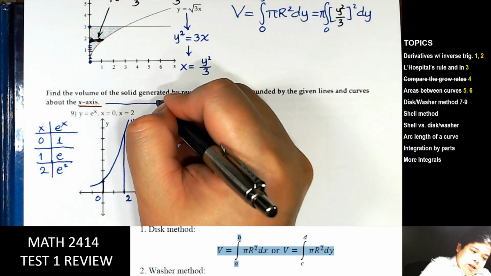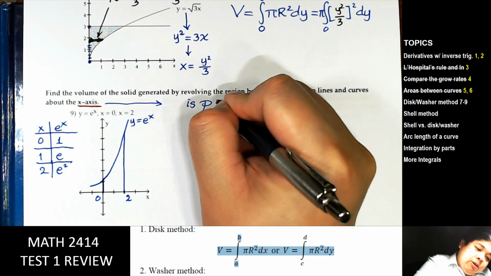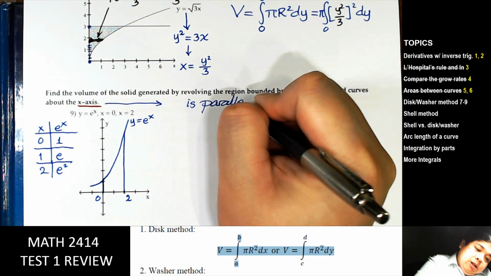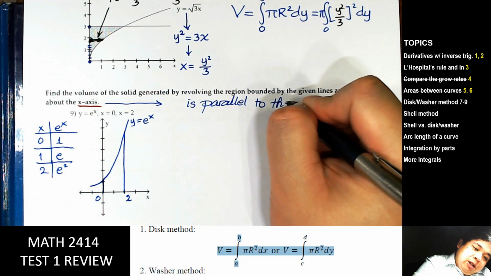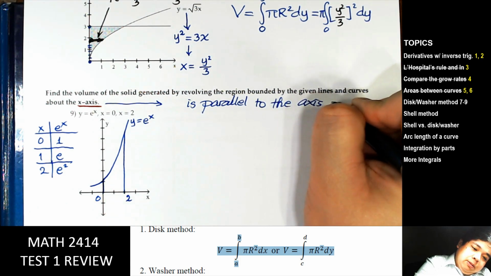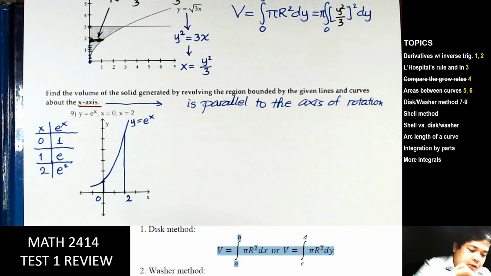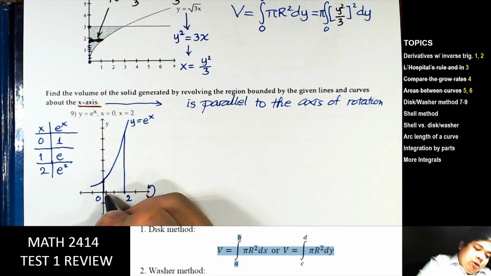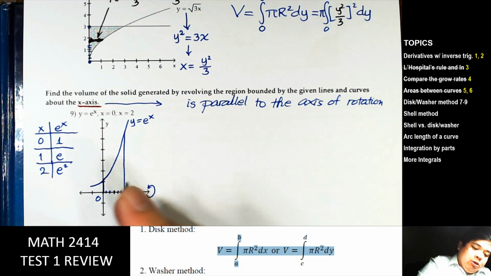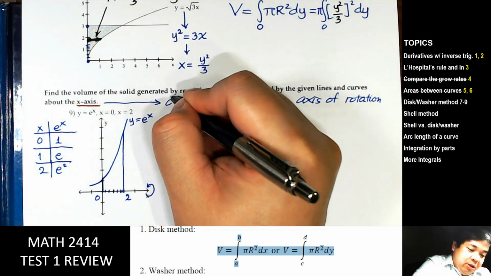So we're going to choose either dx or dy that is parallel to the axis of rotation. Right, the axis of rotation is the x-axis, so the increment will be parallel to the axis of rotation. And if we look at it like that, it's going to be dx. So this is going to be a dx problem.